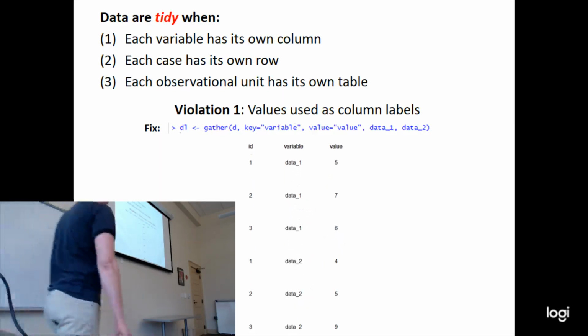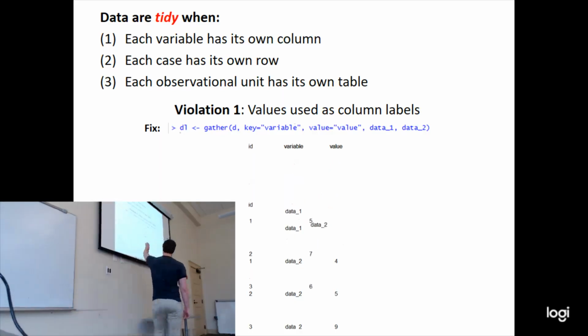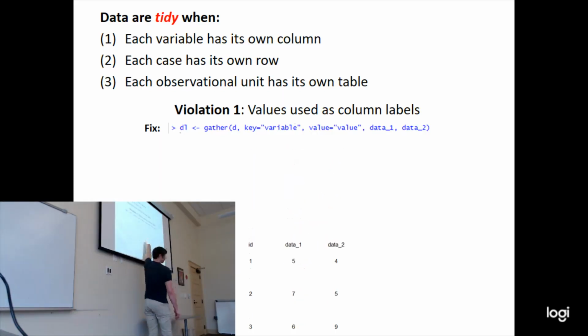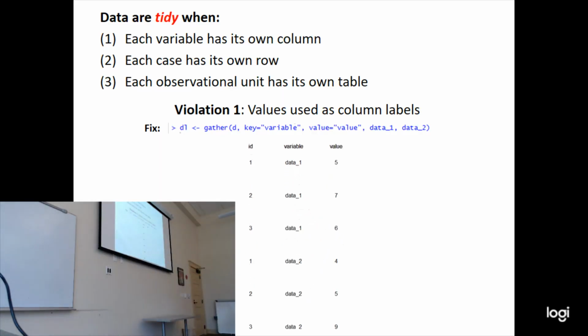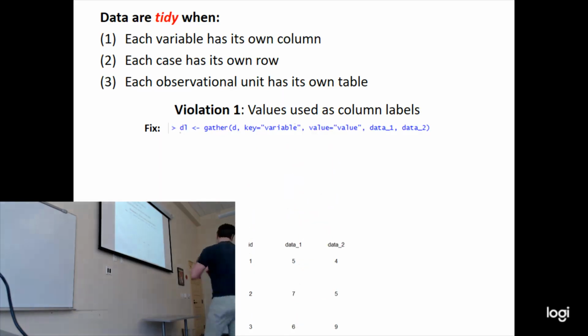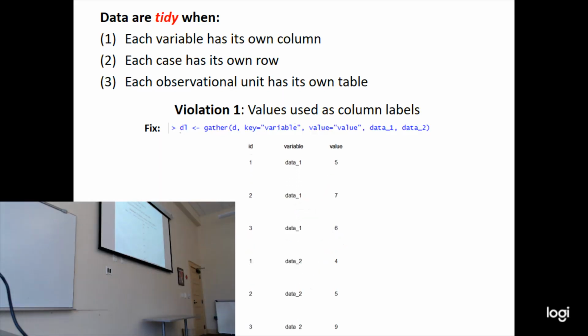What I'm doing is I'm making a new column called variable that says, hey, this value right here belongs to the grouping of people between 24 and 27. This one belongs to the grouping of people between 27 and 30, and so on. That becomes a new column.